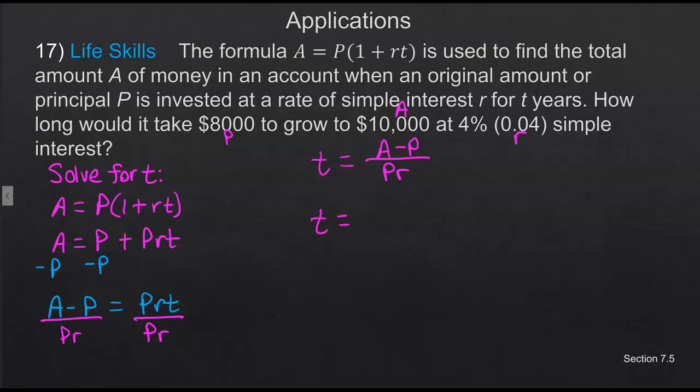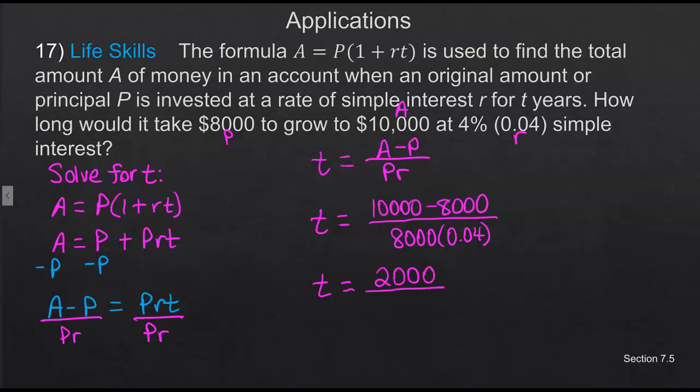We're trying to find how much time this is going to be, so we take the 10,000, we subtract 8,000. We multiply 8,000 times 0.04. When we subtract, we get 2,000. When we multiply 8,000 times 0.04, we get 320.